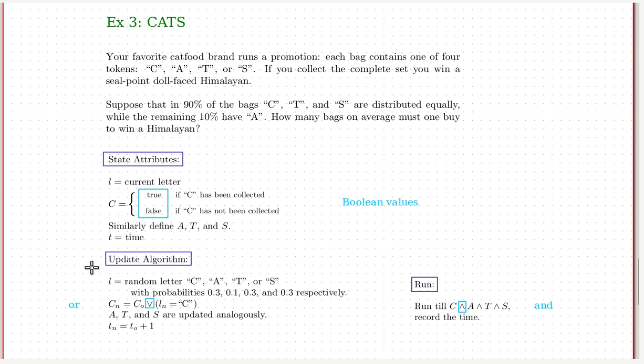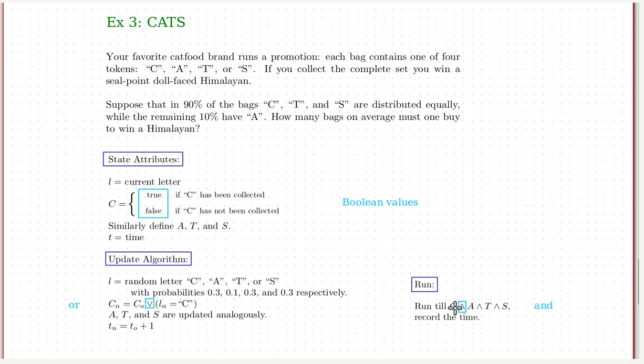So if we can manage to represent this algorithm in the computer, or in any kind of computing device, then we'll run the whole system until all four Boolean variables, C, A, T, and S, are true. By the way, this wedge symbol, like an upside down V, is the logical symbol for the logical operation AND.